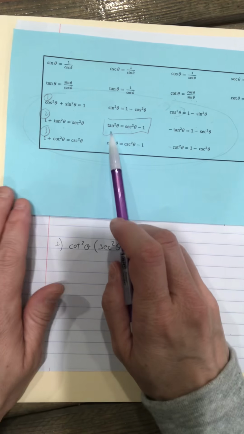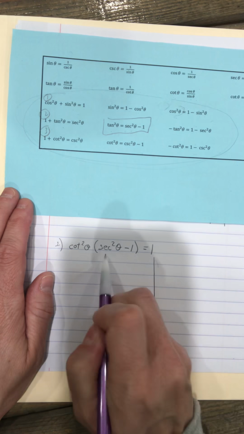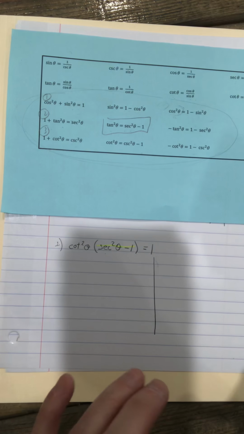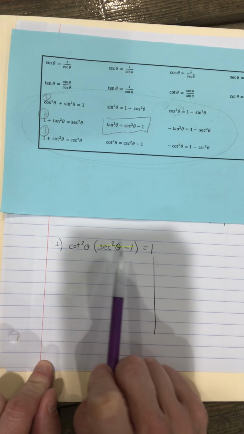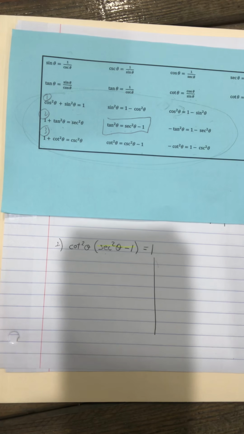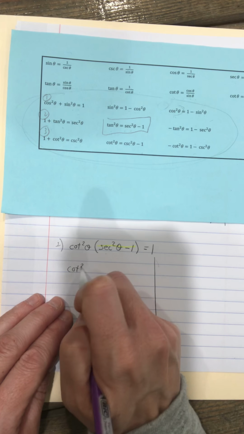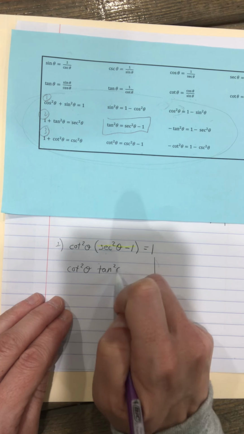Well, that's equivalent to tangent squared. So right off the bat, I'm going to be working with my left, and I see that I can input a tangent squared for that secant squared minus 1. Anytime you see that trig function squared and a minus 1, it's a great idea to see if a Pythagorean identity can help you. And right now, I see that I can change this to tangent squared theta.